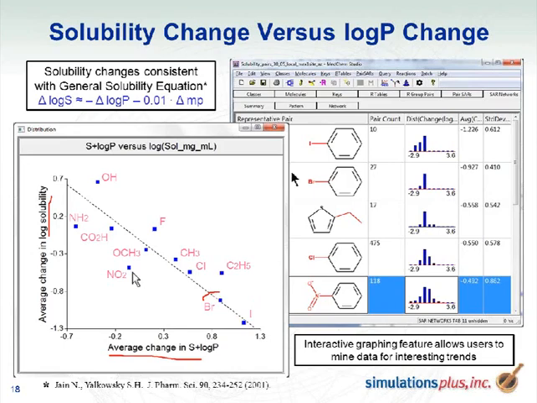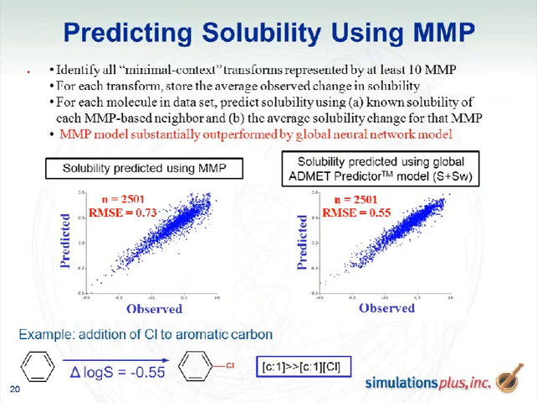In another set of experiments to see the effect of extending the context around the particular site, David performed the following experiment. First he identified all the minimal context transformations represented by at least 10 matched molecular pairs, and for each transformation stored the average observed change in solubility.